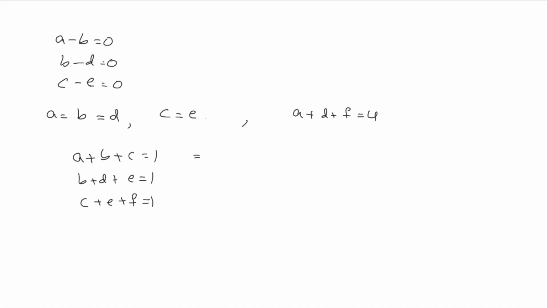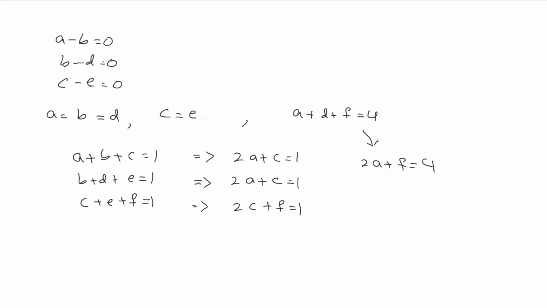Similarly B equal to D, and D is A again, so we get the same equation 2A plus C equal to 1. But here we have 2C plus F equal to 1. And from A plus D plus F equal to 4 we have 2A plus F equal to 4.